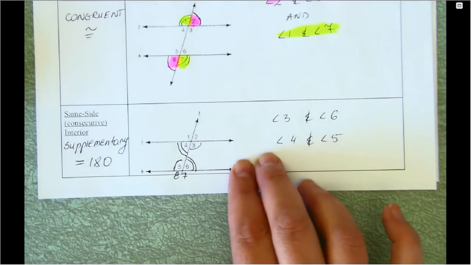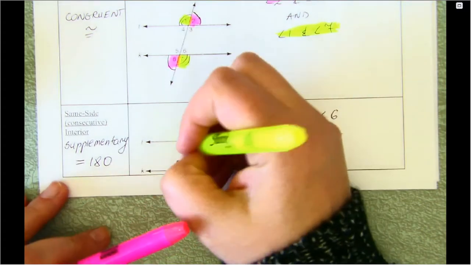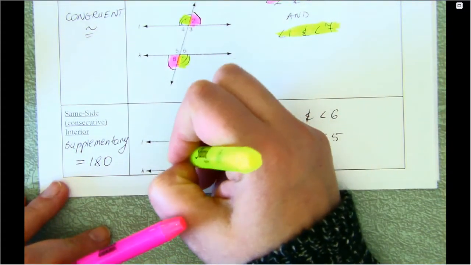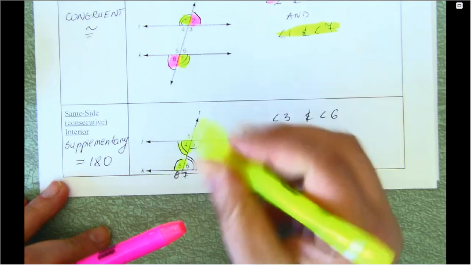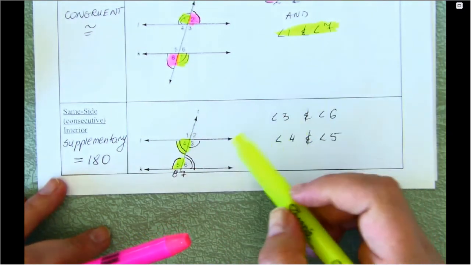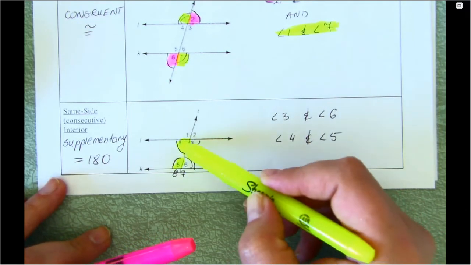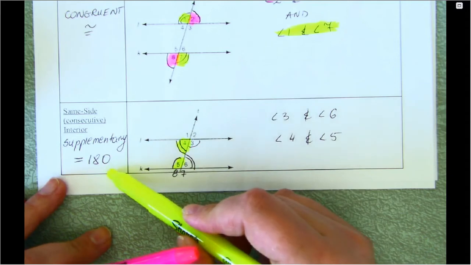Okay, the next one is called same side interior. So that will be angle 4 and angle 5. They're on the same side and they're between the parallel lines. They're not the same. See, I marked 2 arcs and 1 arc. They add up to 180 degrees.